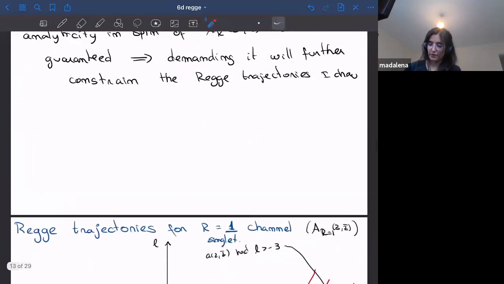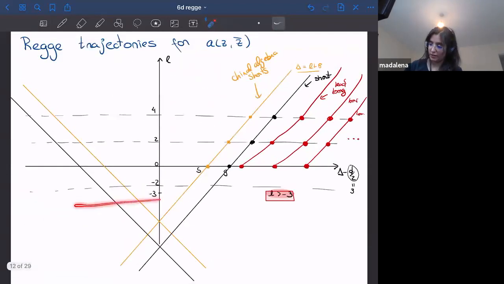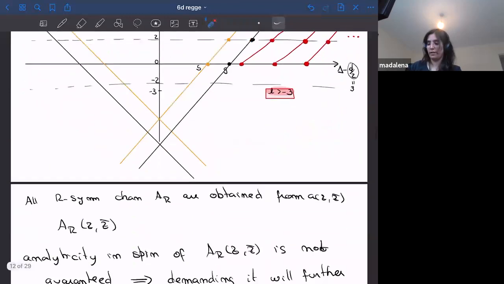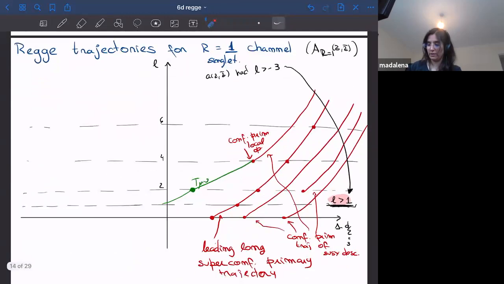Yeah. So as you said, if I know this, I know everything, and I know that I should be drawing these trajectories down to spin -3 and everything. And if I know all I need to know, so if I know the full spectrum of A, then I know everything I want about the theory. But the spectrum will have to be such that it's compatible with the demands of the Regge trajectories in all different channels.